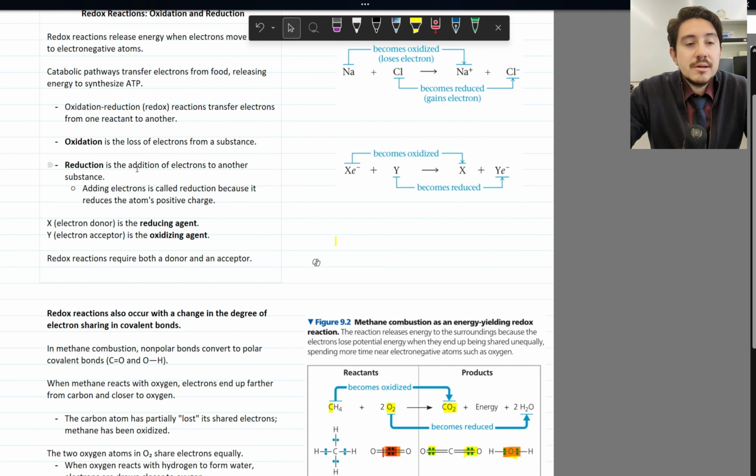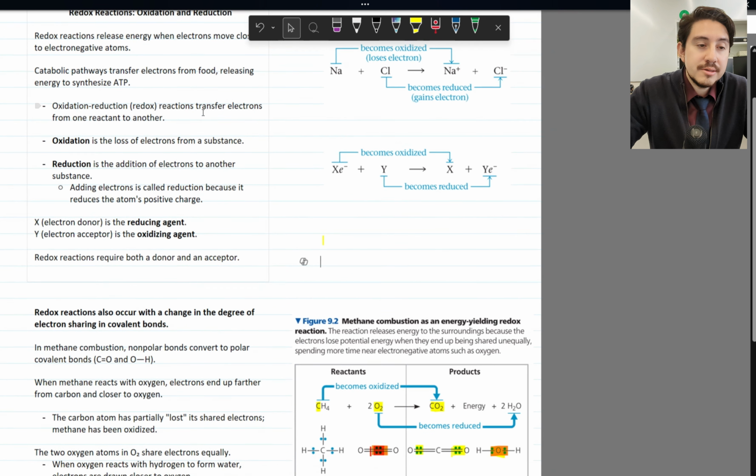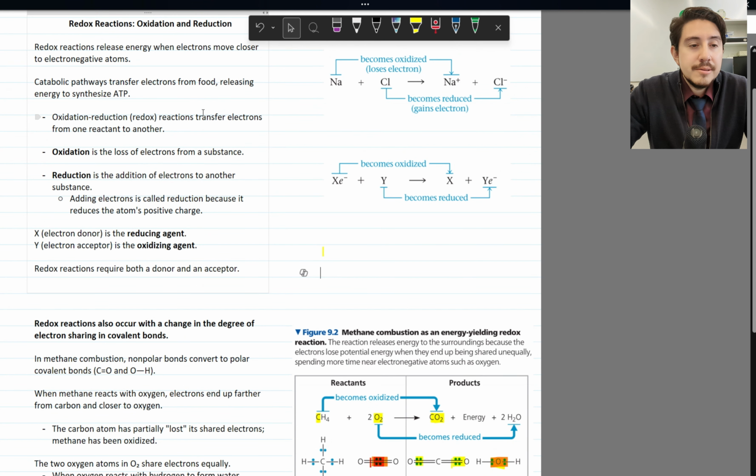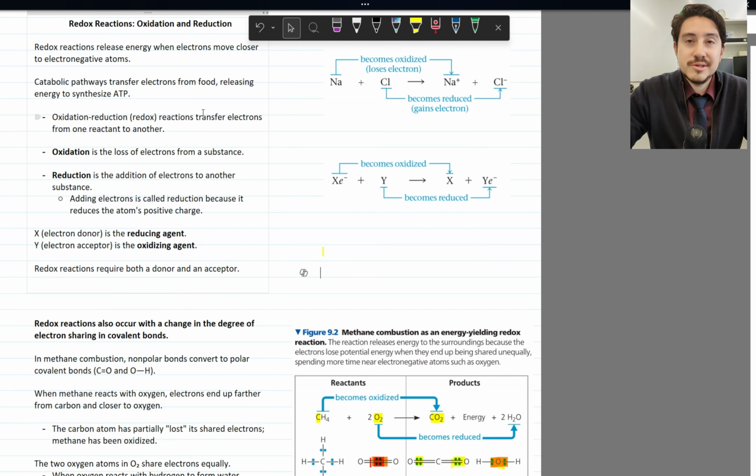And in these redox reactions, you have the same concept. There's a transfer of electrons from one reactant to another. Okay, and some concepts that you need to familiarize yourself with: oxidation, reduction. What is referred to as oxidation is any substance that has lost electrons.